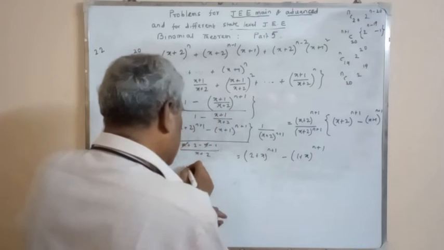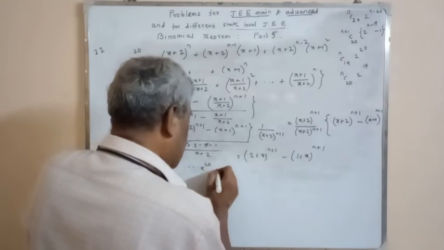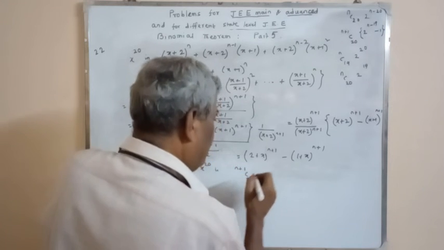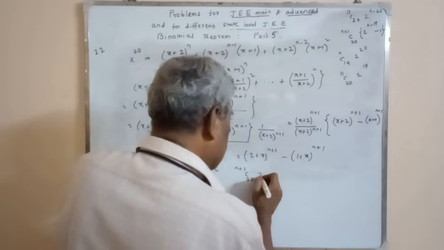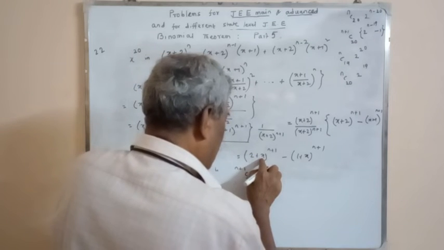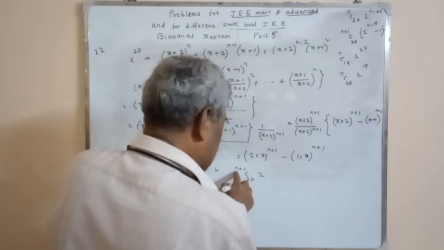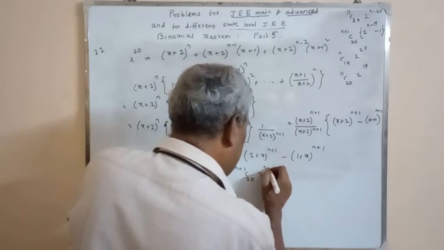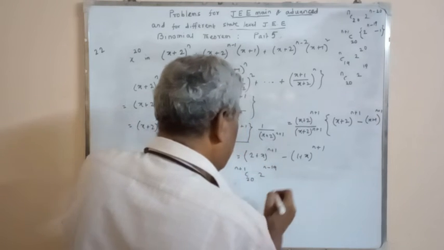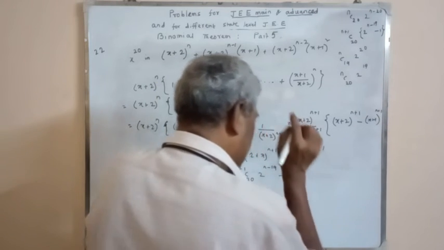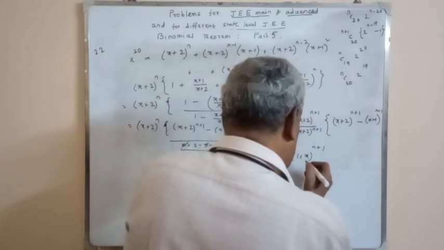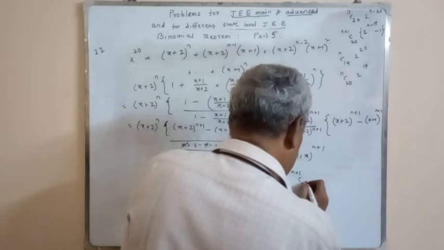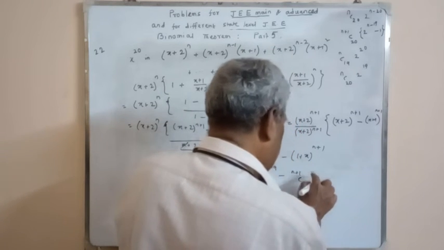So the coefficient of x to the power 20 is n plus 1 C 20 into 2 to the power n plus 1 minus 20, that is n minus 19, minus, from there we can collect the coefficient of x to the power 20, n plus 1 C 20 into 1 to the power this difference.